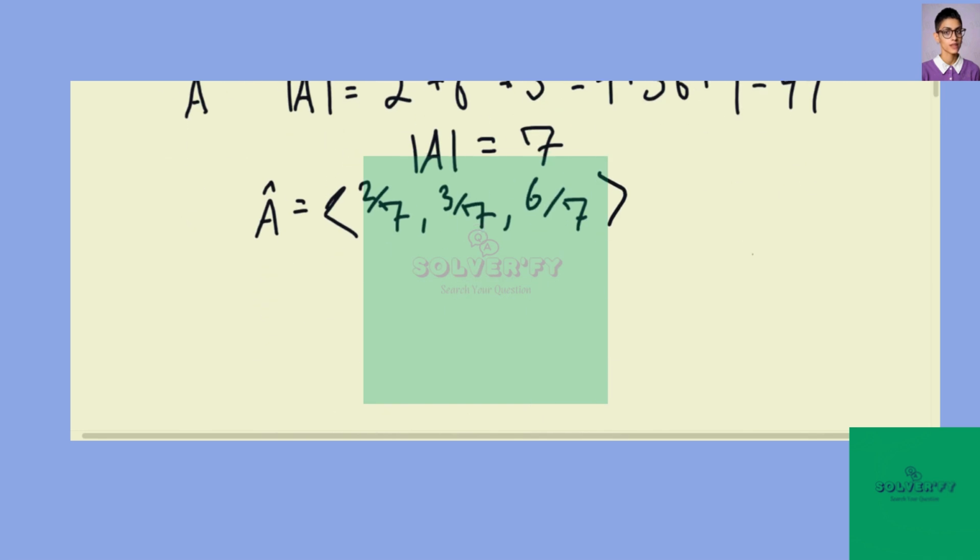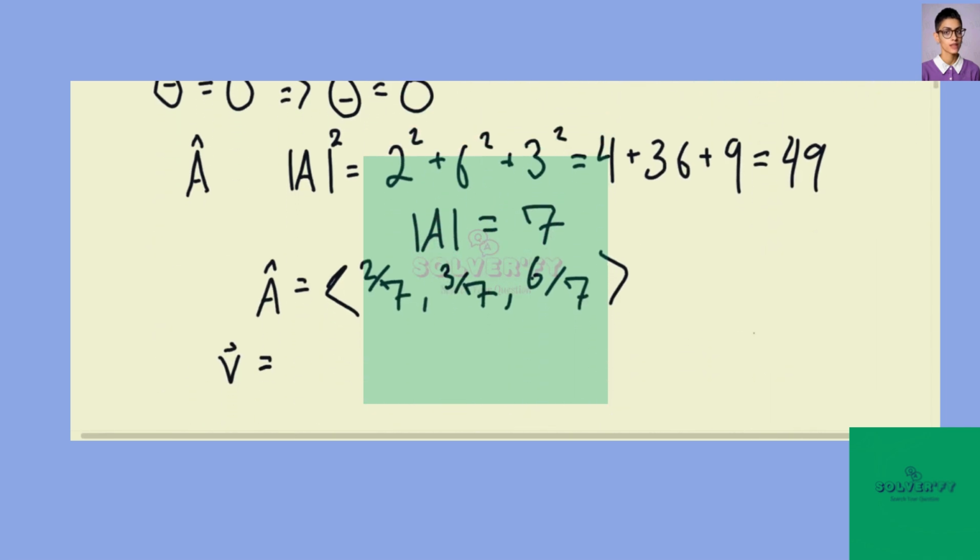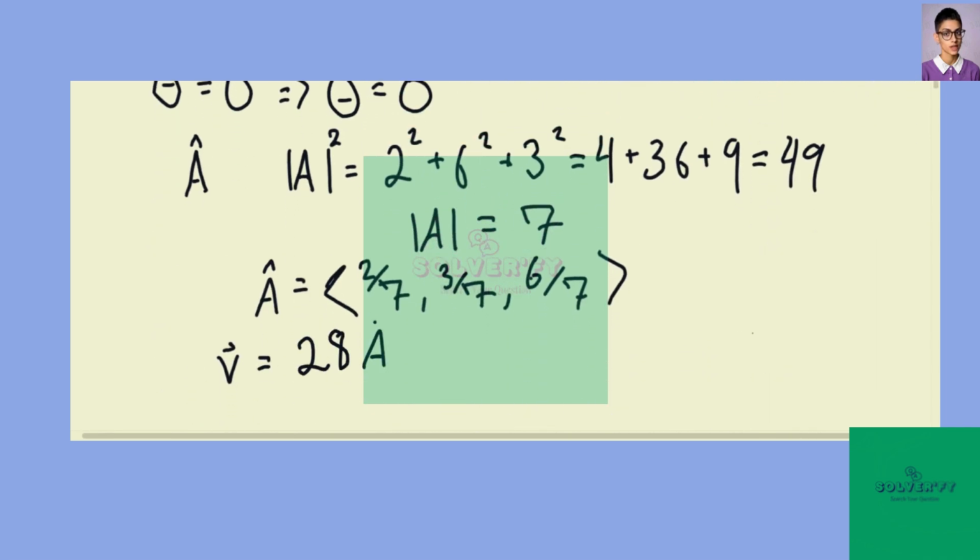And the speed vector, which we'll call v, in Cartesian is just going to be our speed, which was 28 meters per second, so 28 times a hat meters per second. And our acceleration vector in Cartesian is similarly going to be 7 a hat meters per second squared.